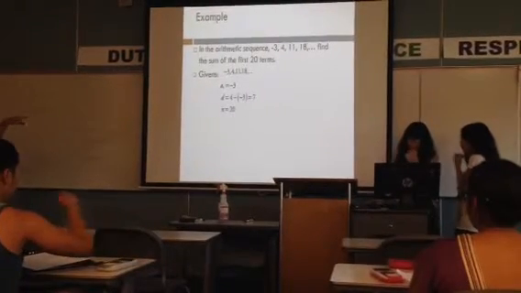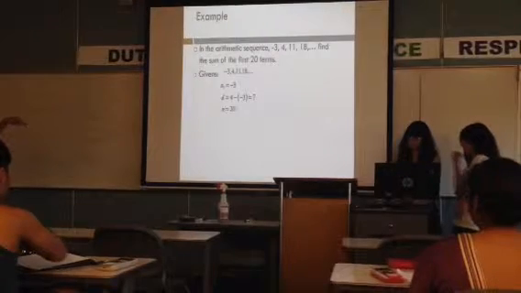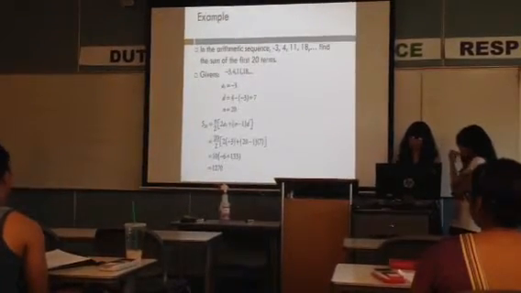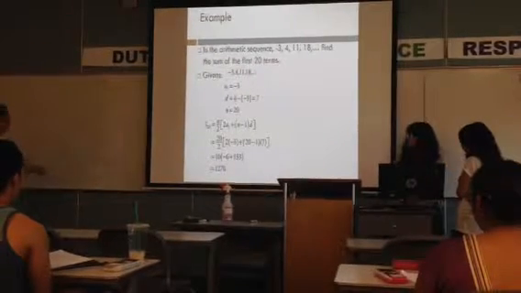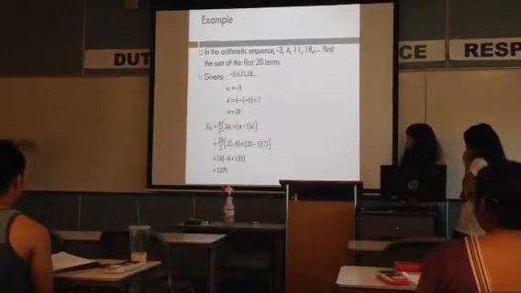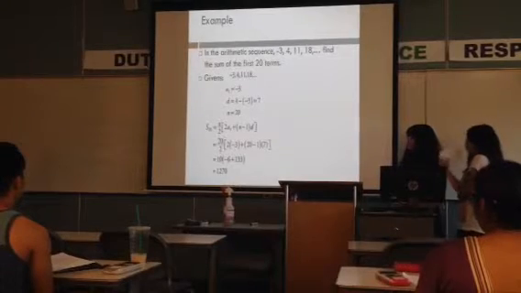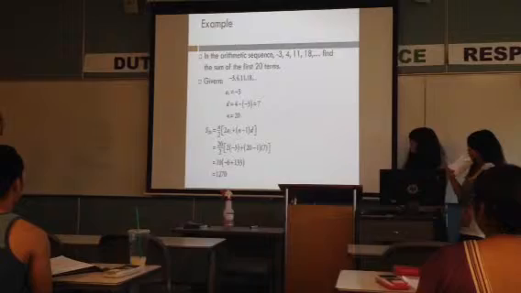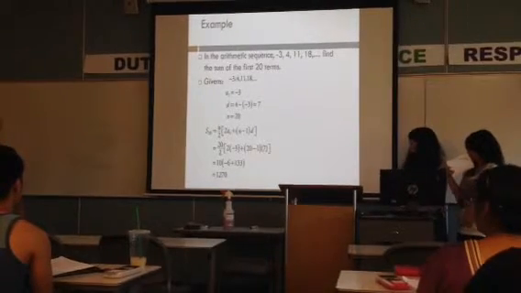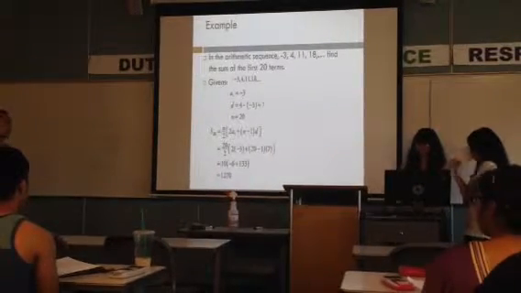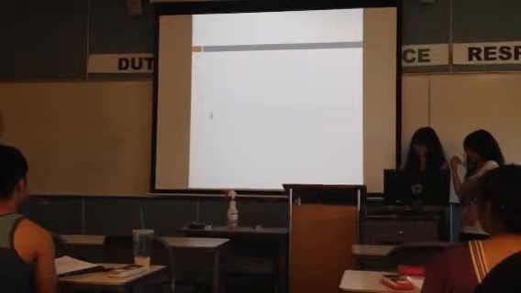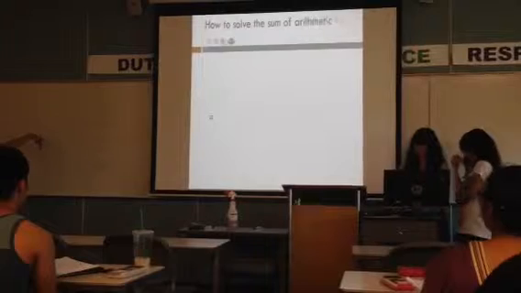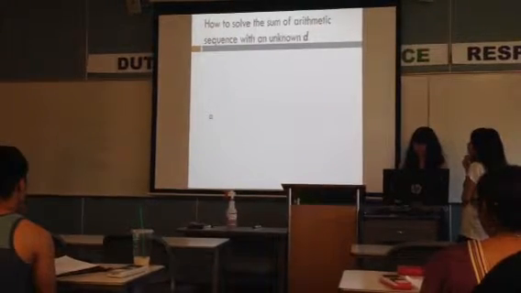In this case, d equals 7. Given from the problem, n equals 20. So we substitute into the Sn formula to get 20 over 2 times (2 times negative 3 plus 20 minus 1 times 7). We simplify all that. Basically, there are two ways to find the sum of the arithmetic sequence by using the formulas.